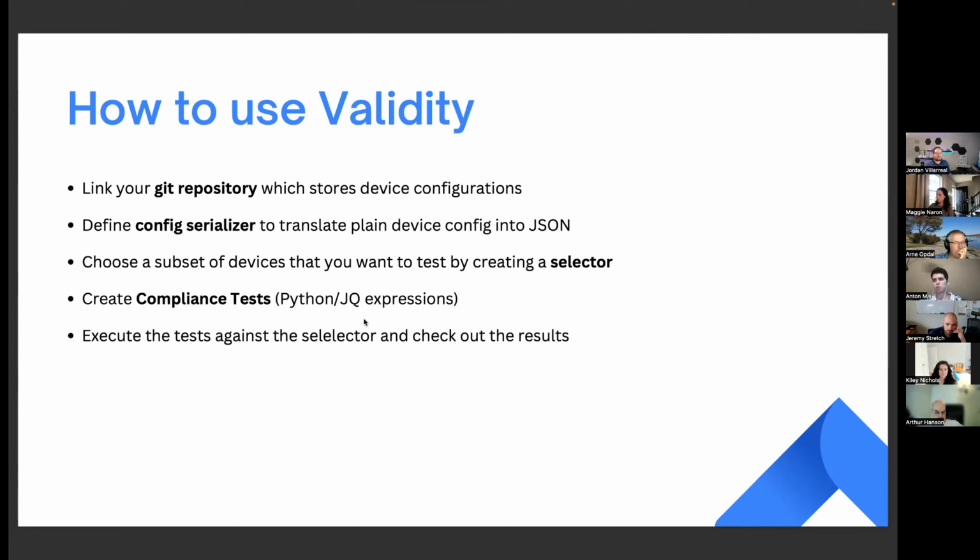Then you create one or more compliance tests as Python expressions with possibly some JQ expressions. If you're not aware of JQ, it stands for JSON query, and it's a tool to effectively extract information from complex JSON structures. I'll show you an example later. And the final step is to execute the tests against the devices and pick up the results.